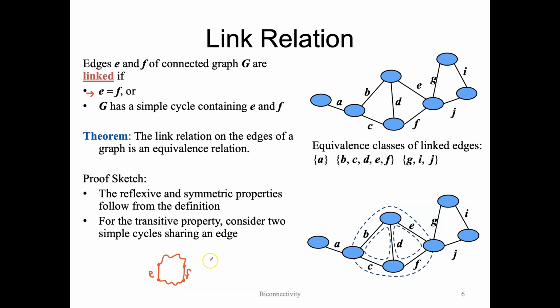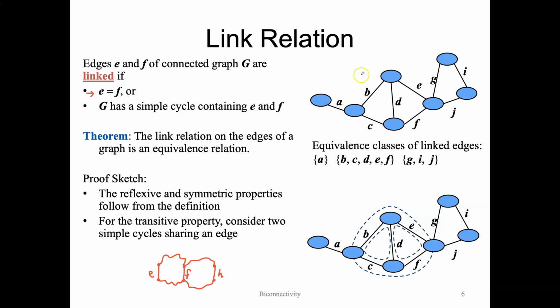And this is transitive. So let's say E is linked with F and F is linked with H. Then we can also say that E is linked with H because there's a cycle, in fact this outermost cycle, which contains both the edges E and H. So the linked relation is an equivalence relation.